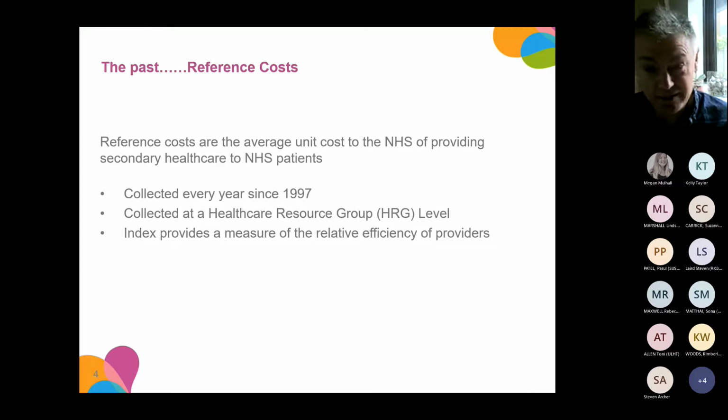And if it's, say, 90, it means your costs are 10% lower. So we use the index to see where all of our different procedures within the hospital sit, and we're able to roll that up at specialty level as well. So we could say, for cardiology, the index at Nottingham might be 110, so our costs are 10% higher than the national average.